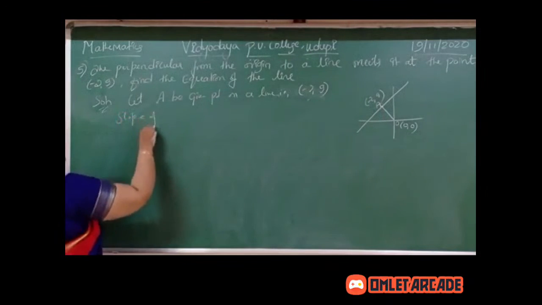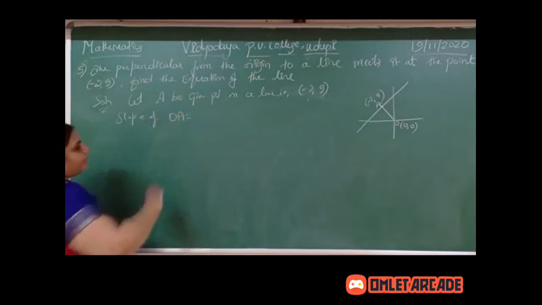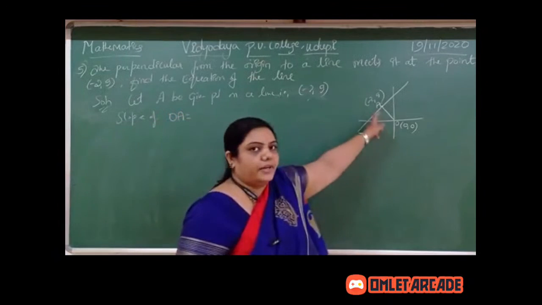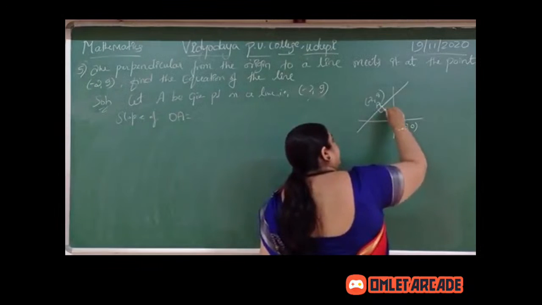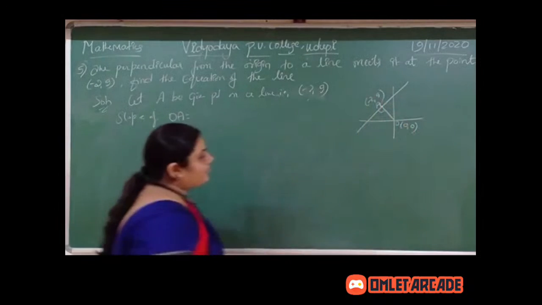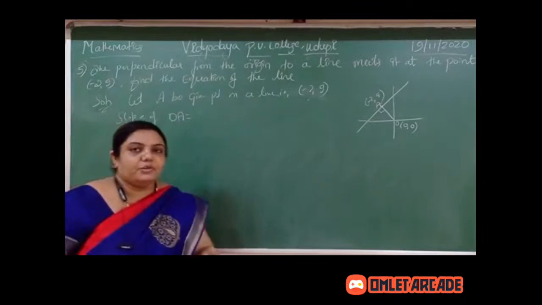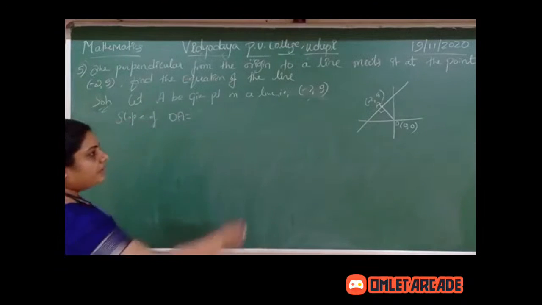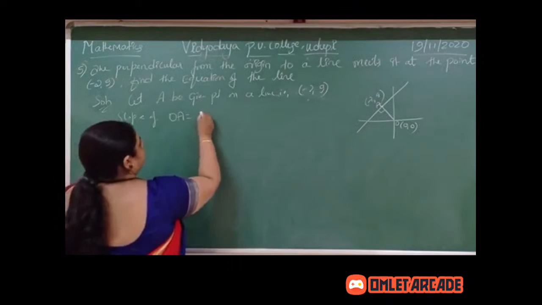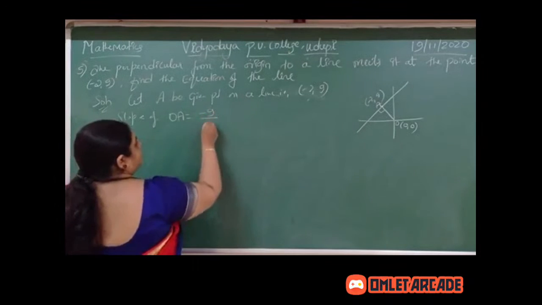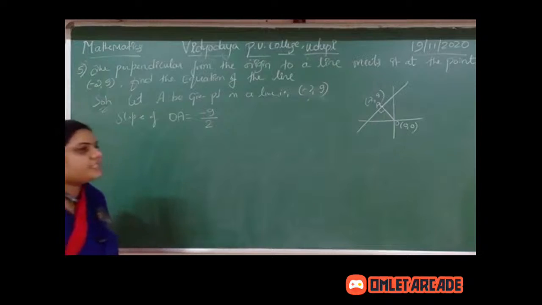Slope of OA. Now I am finding the slope of this line, okay? We know that the slope of a line when 2 points are given is (y2 minus y1) divided by (x2 minus x1). Is it (0 minus 9) divided by (0 minus of minus 2, plus 2)? Isn't it?